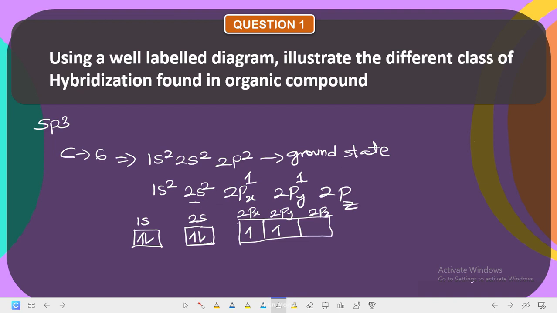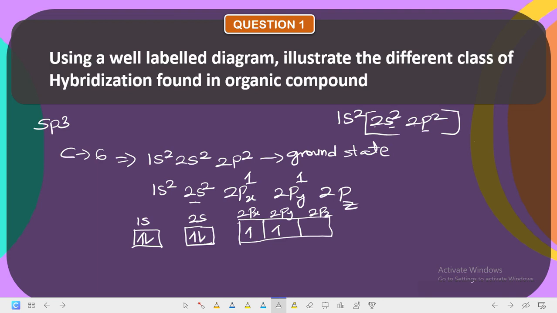Now note that if you have the configuration 1s2, 2s2, and 2p2, you agree with me that the 2s and the 2p are the valence shell. These s and p are just orbitals.